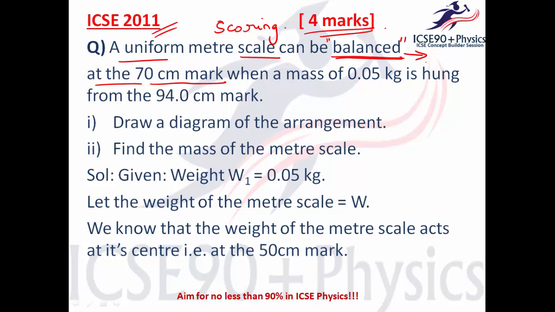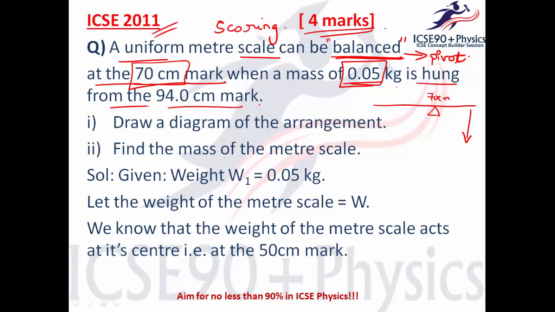It simply means that it can be pivoted at the 70 centimeter mark when a mass of 0.05 kg is hung from the 94 centimeter mark. So if the meter rule is pivoted at the 70 centimeter mark, this mass of 0.05 kg would be acting at the 94 centimeter mark, and we are asked to draw a diagram of this arrangement.